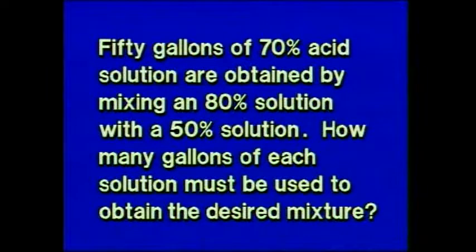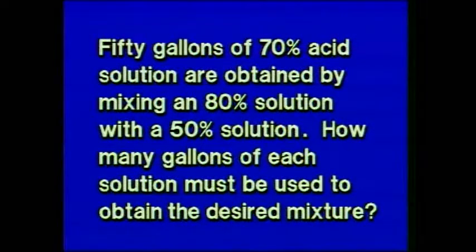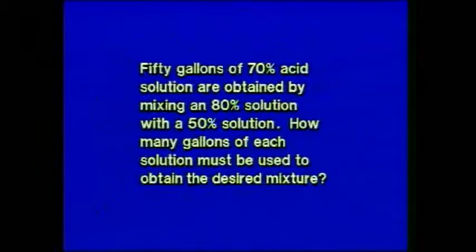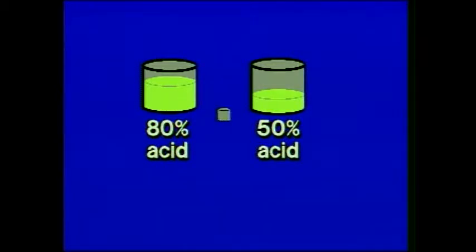50 gallons of 70% acid solution are obtained by mixing an 80% solution with a 50% solution. How many gallons of each solution must be used to obtain the desired mixture? Now it turns out that we build an equation from a verbal model which is emulated by the mixing process itself. That is, if we can imagine these two liquids being mixed together, we're really building a verbal model and therefore building an equation.